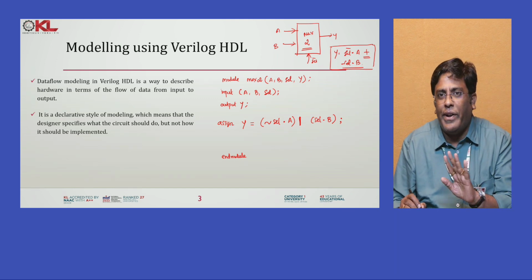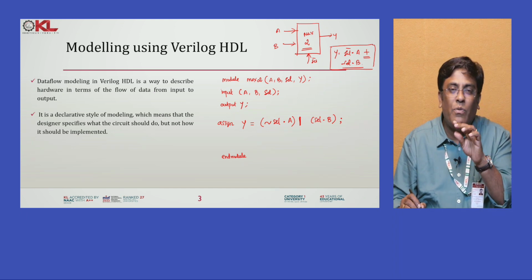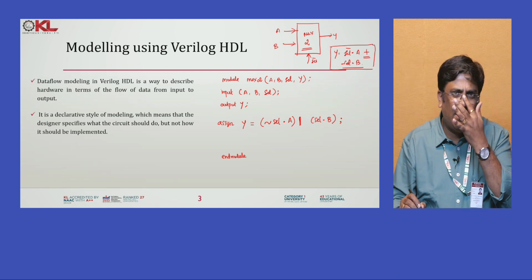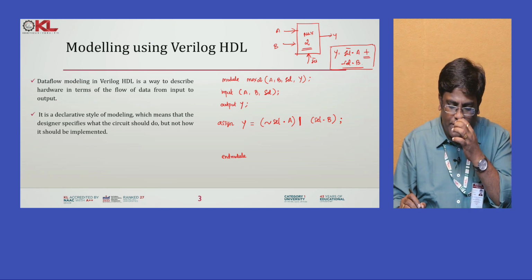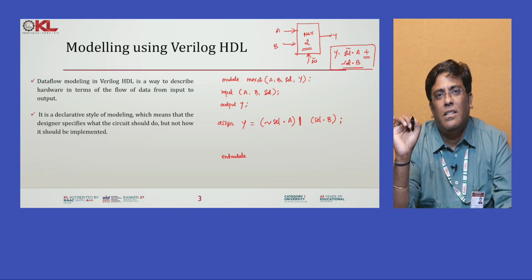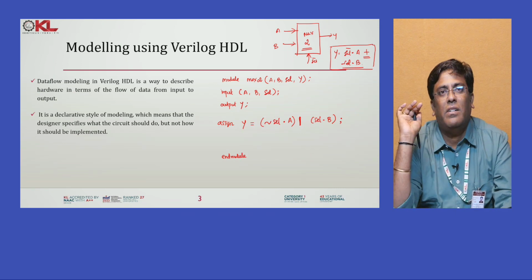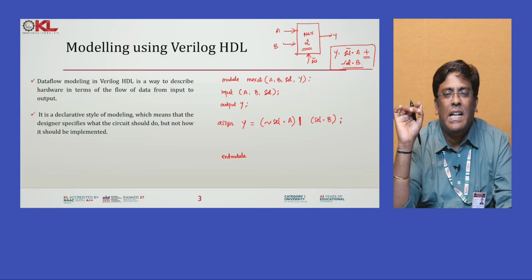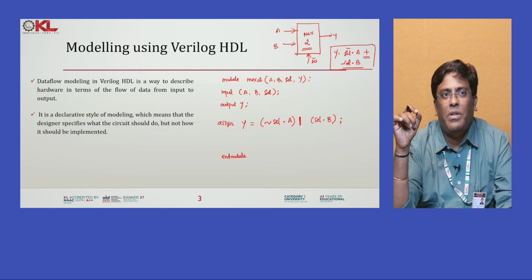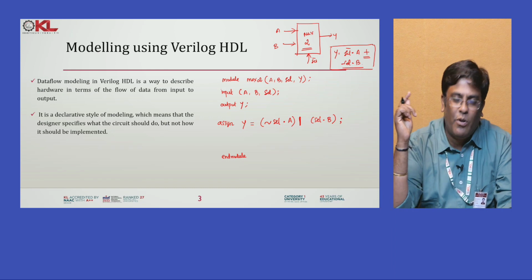It is not at all required. I don't even want a truth table. If the person gives you his Boolean expression, we can directly go for designing. That is the advantage of data flow modeling, and that is the reason why we call this a medium abstraction level when we compare with the structural or gate level modeling approach.